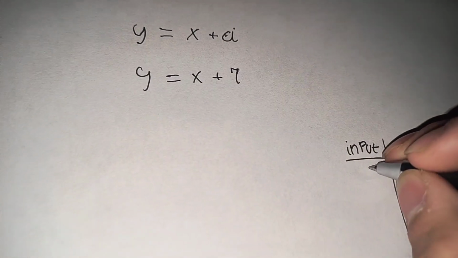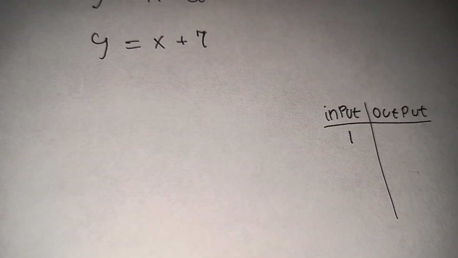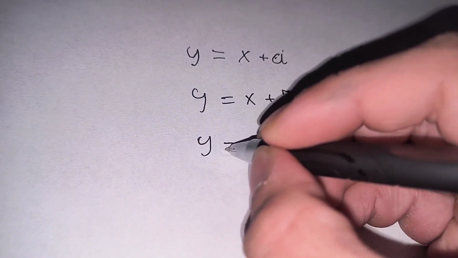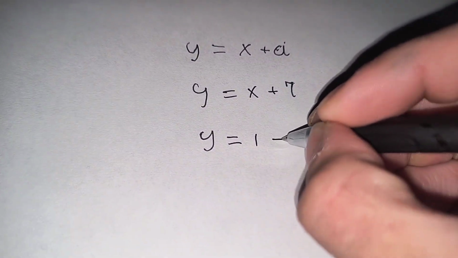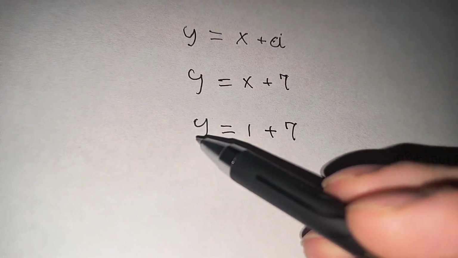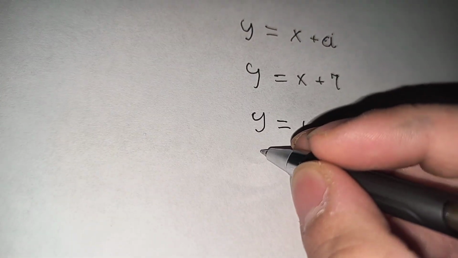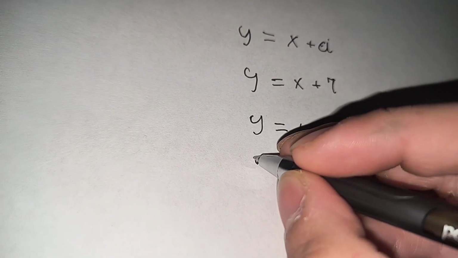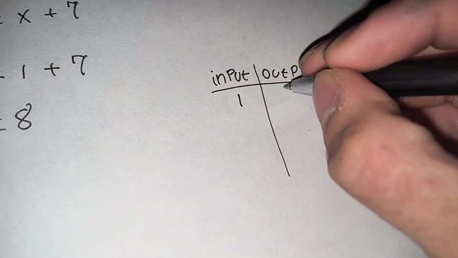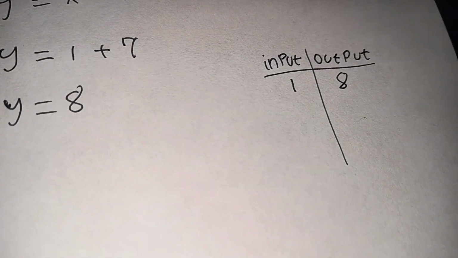If I were to input 1, this rule would now be 1 plus 7. 1 plus 7 is 8, so y would be equal to 8, which means the output for 1 would be equal to 8.